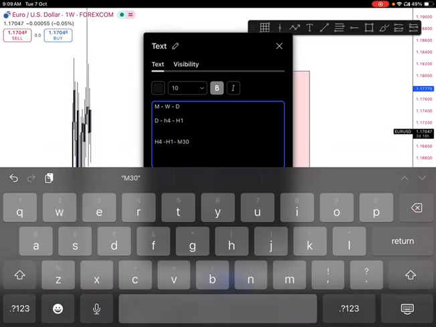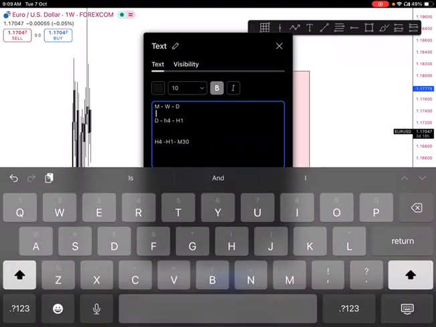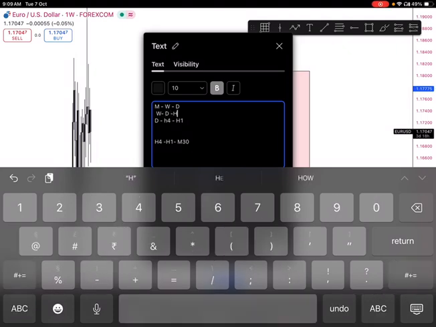Understood? So when you start from a monthly time frame, you need to consider the weekly, and your entry may be from the daily. So when you are taking swing trades, these time frames will help. When you start from a weekly time frame, you must carry on with the daily and H4.